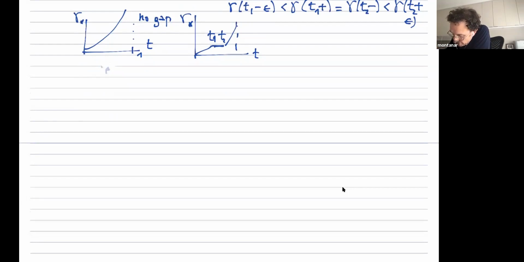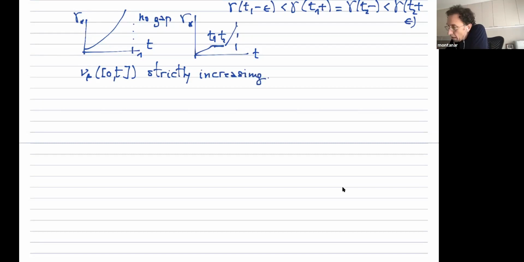The corresponding assumption at finite beta is that nu beta is strictly increasing for T, actually at finite temperature, in some interval 0 to Q star, and is constant above Q star.